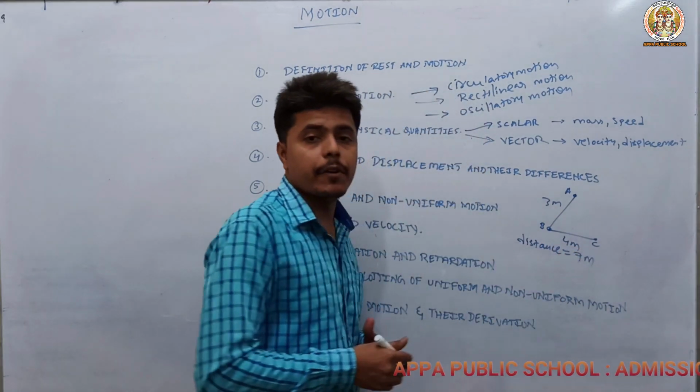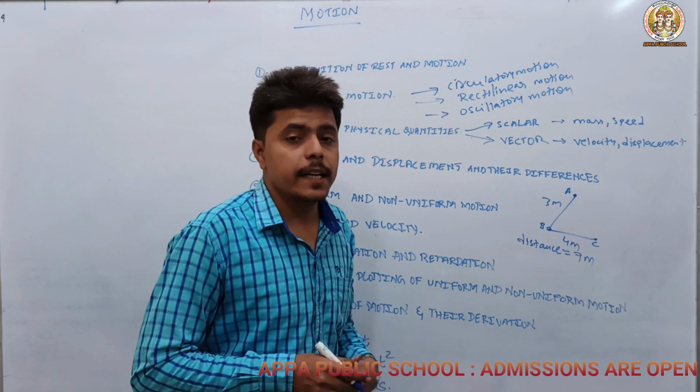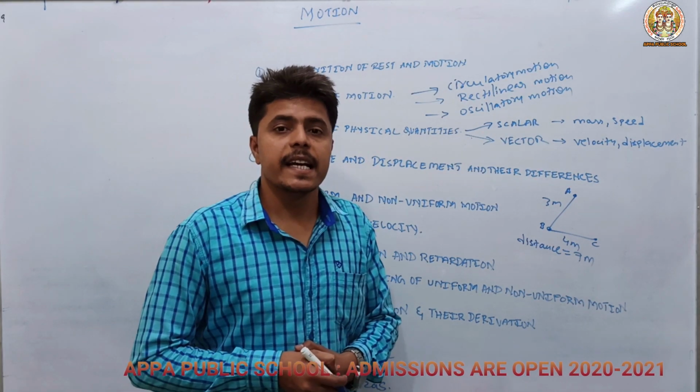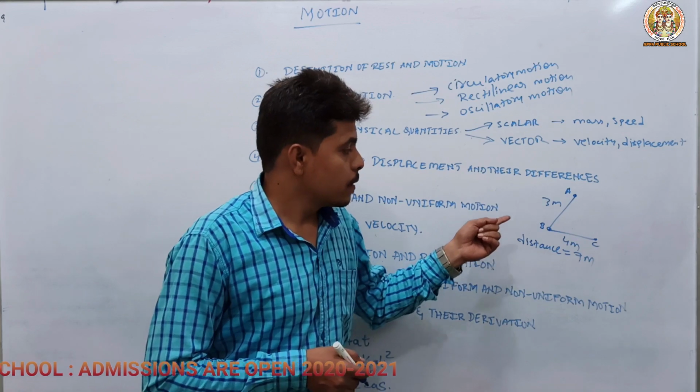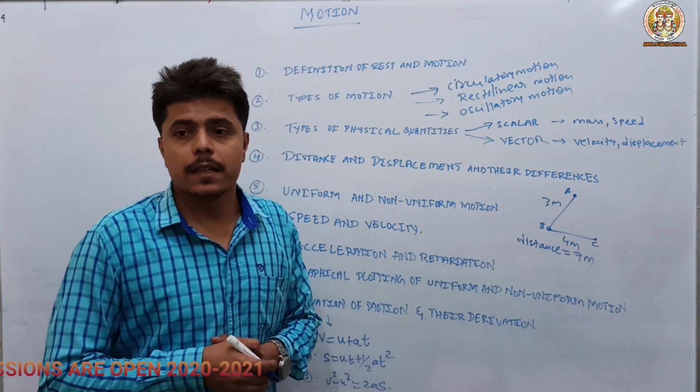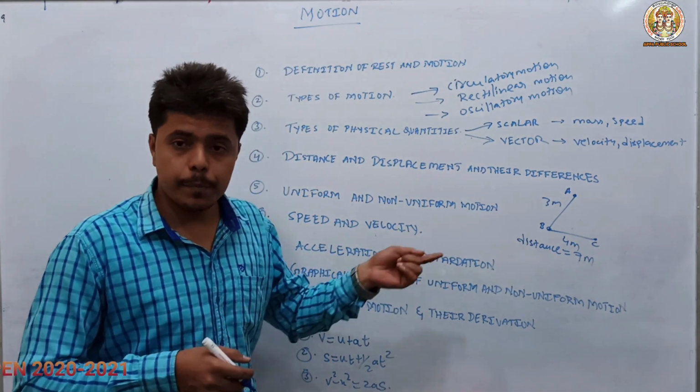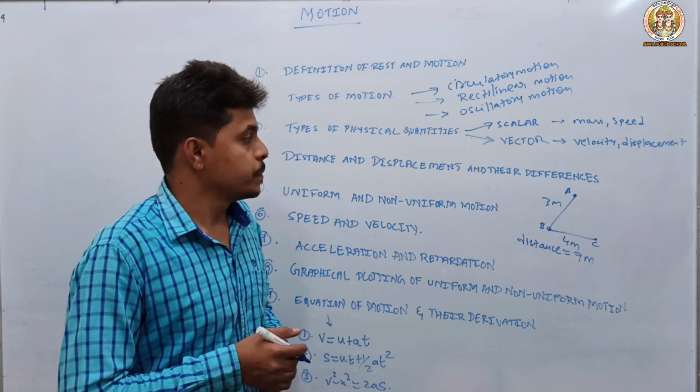So the distance traveled by the body is 7 meter, that is AB plus BC, 3 meter plus 4 meter.